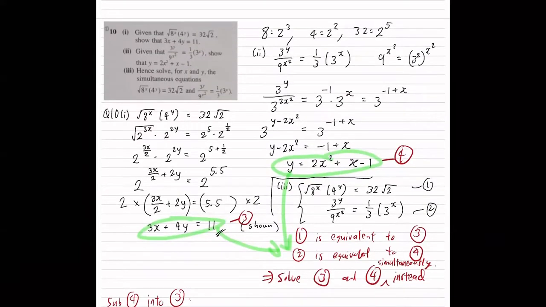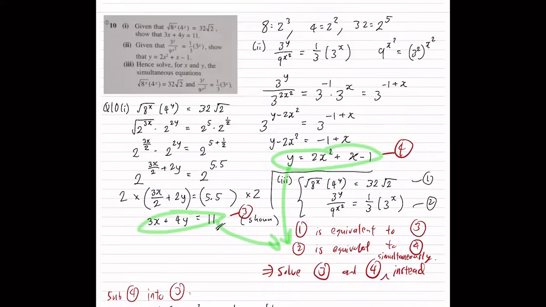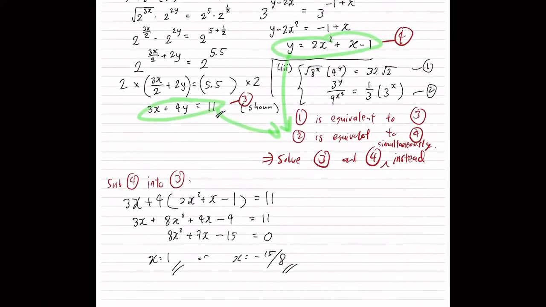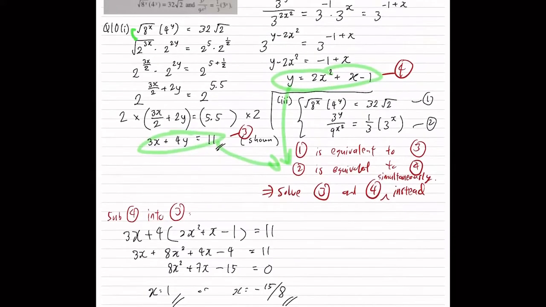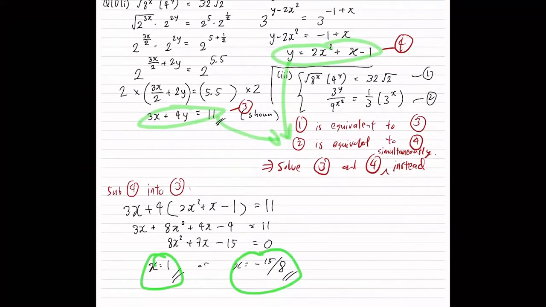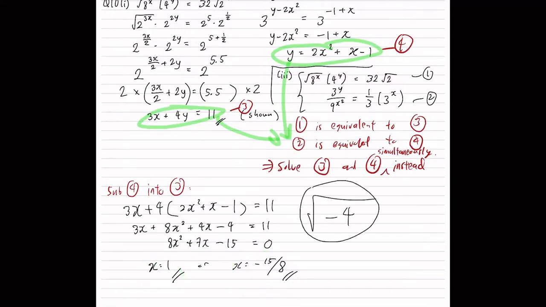Wait a minute. Let me think a little bit. Okay, nothing wrong. Sometimes especially when there are square roots involved, you have to be careful, okay? Because whenever you get negative answers, there's a chance that you might introduce imaginary numbers, like square root of a negative 4, for example. This is impossible.